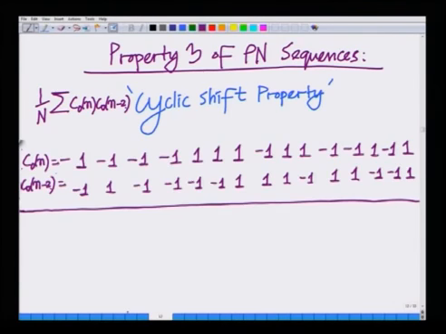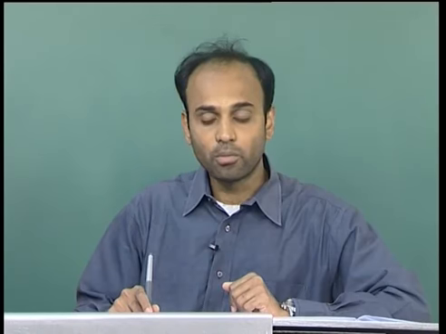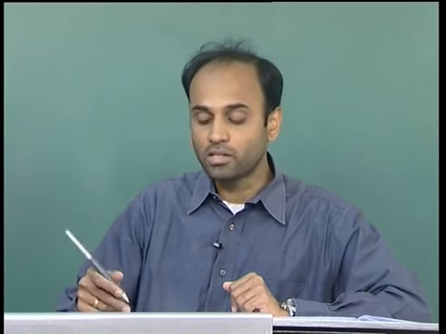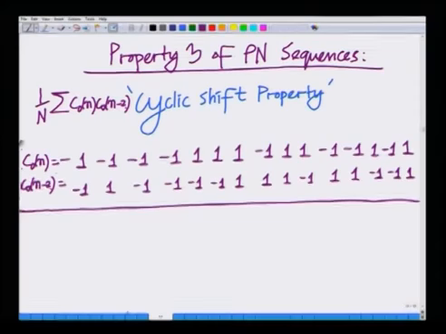That is, I am taking C0 of n, which is what I have written down here, and C0 of n minus 2, which is what I have written down beneath. I am going to take the product chip by chip, sum all the products, and then divide by n, which in this case is 15, because the length of the sequence is 15.